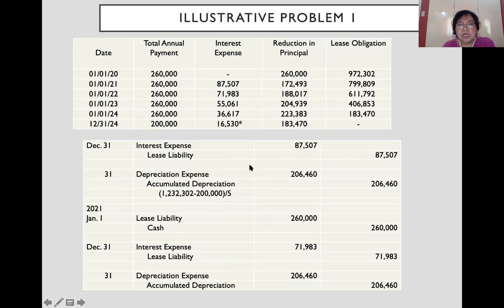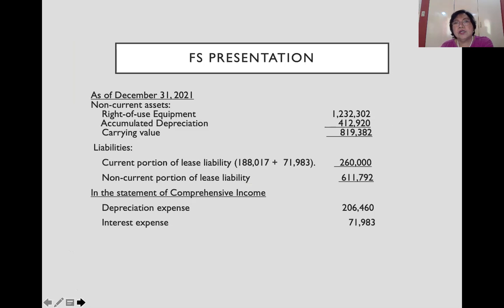So based on our entries for 2020 and 2021, how will our lease-related accounts be presented in the statement of financial position? Okay, so this is our financial statement presentation as of December 31, 2021, included in your non-current assets. We have right-of-use equipment.